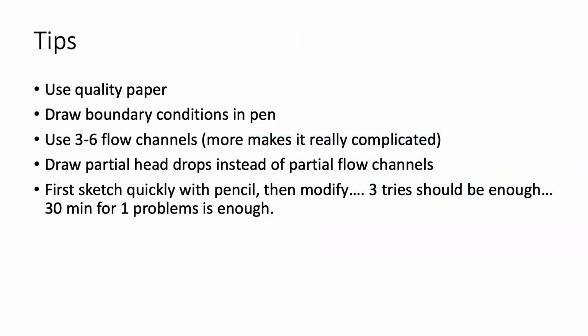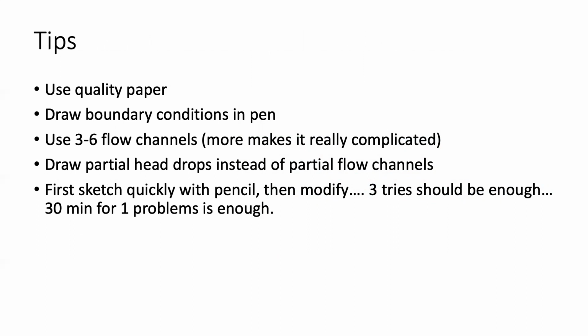You always want to develop 3 to 6 flow channels. The more channels that you put in the system, the more complicated it becomes, and it's very, very hard to draw in all those squares. So depending on your system, you want to draw in first your 3 flow lines.